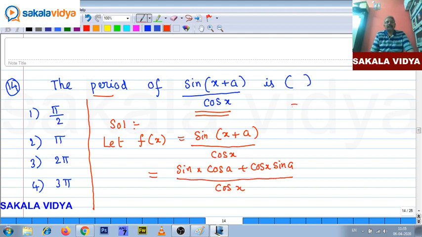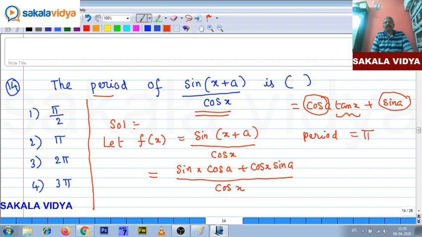So this we can write: sin x by cos x is tan x, so cos a into tan x plus cos x by cos x cancels, we have sin a. Sin a and cos a are constants, we only need to see tan x. Now the period of tan x is pi. So second option is the right option. Because if you substitute x for pi plus x, 2 pi plus x also satisfies. The least value we need to consider. So pi is the answer.